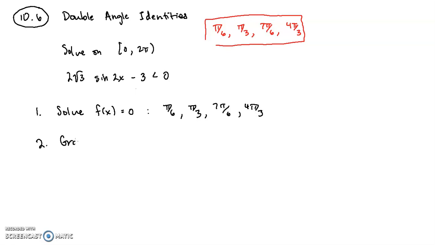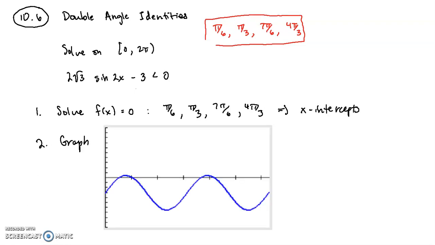The second step is to look at the graph, and these are going to be equal to your x-intercepts. Okay, so I put it in my calculator like we did last time, and I'm still in my 0 to 2 pi setting, so this is what I got. And remember that your x-intercept should correspond to your graph if you have them in order, which we do.